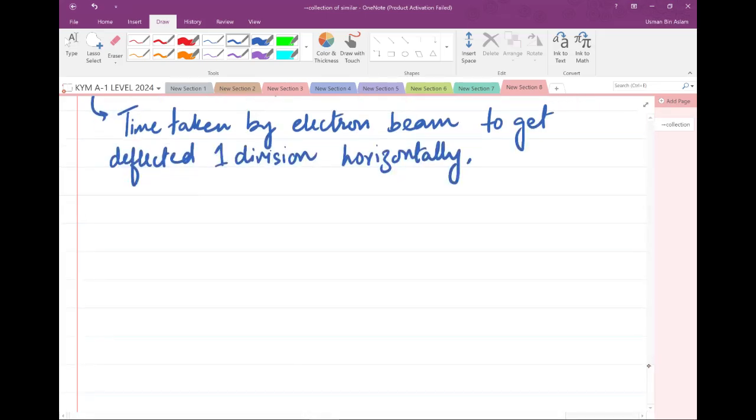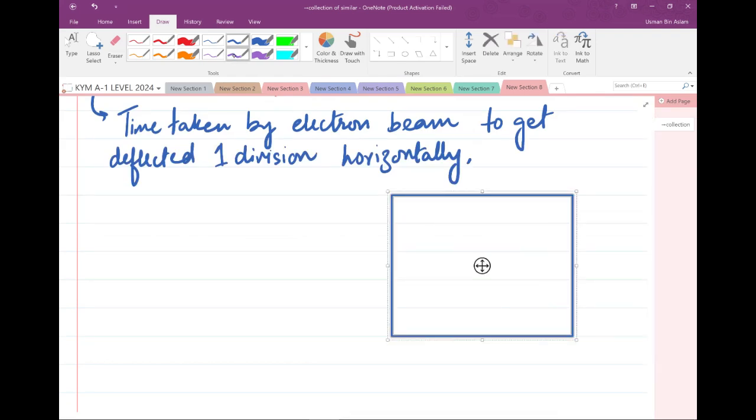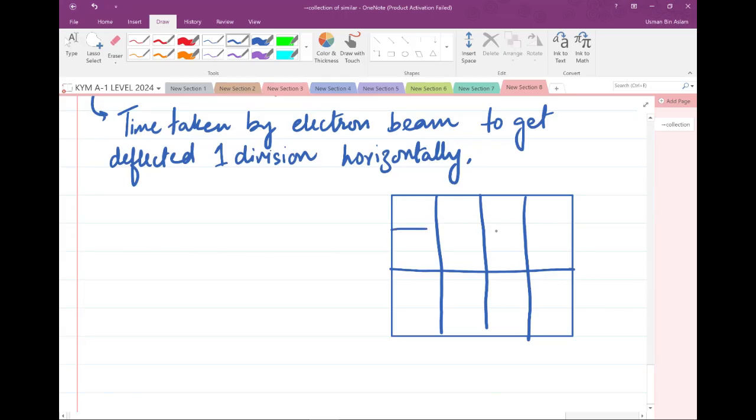Now, what does that mean? Imagine that's the screen again, and that's the graph, the grid that is made on the screen. Electrons were depositing at the center, so there was a bright spot at the center.